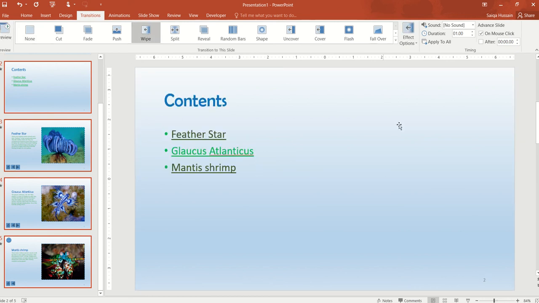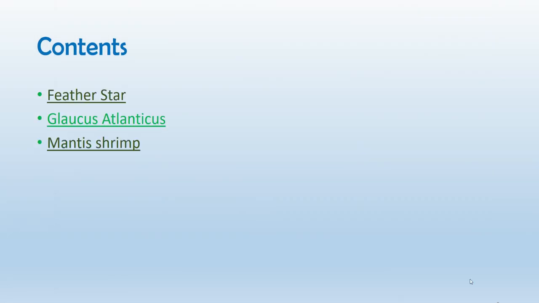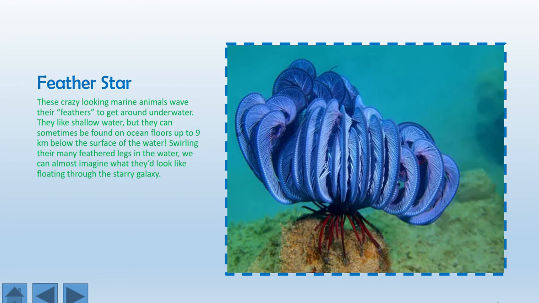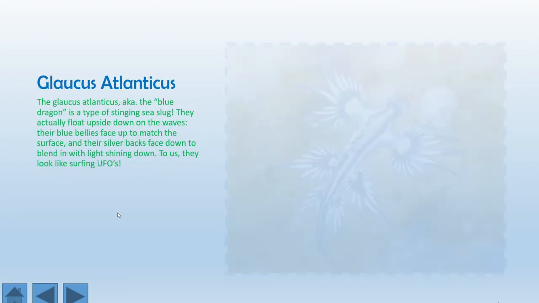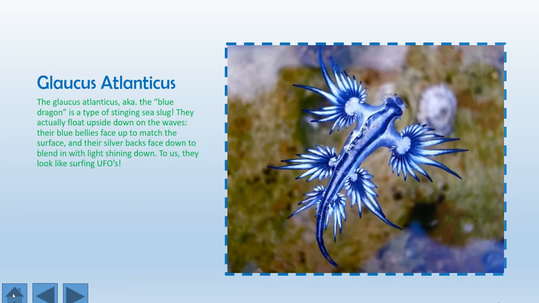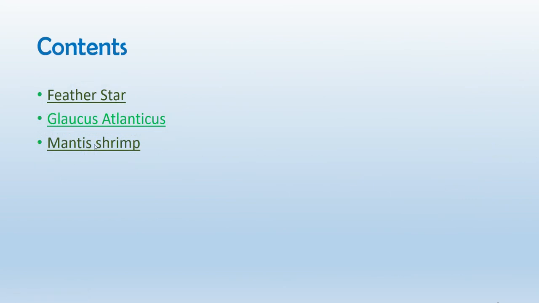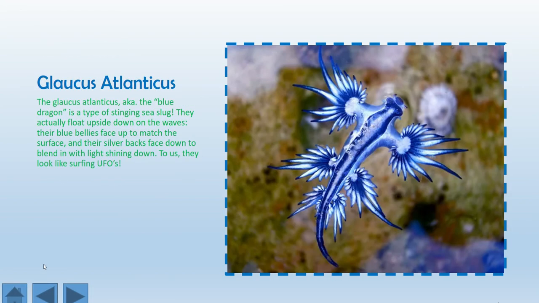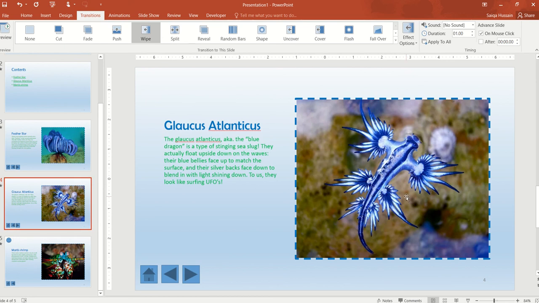Okay. And let's see what happens with this. Okay, so you can see it's wiping from one slide to the next. If you go to home, then it wipes. Go to Mantis, it wipes. Lovely. Okay, so yeah, there you go. Have a play around with that.